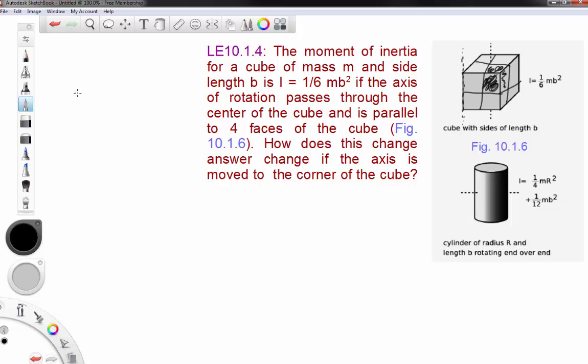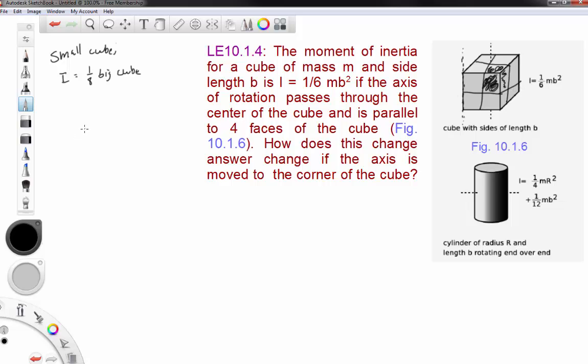It's passing through one corner of the cube, and each of these 8 cubes is equal as far as moment of inertia is concerned compared to this axis. So that means that a small cube would have I equals 1/8 of big cube. And the big cube here is basically 1/6 m b squared. So each of these little cubes would have 1/6 times m/8 times b squared as their moment of inertia.